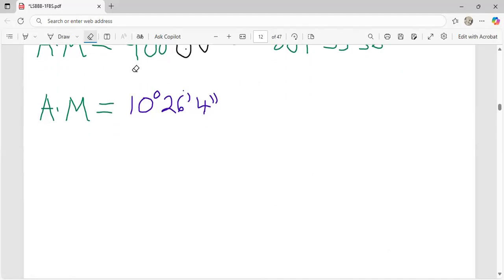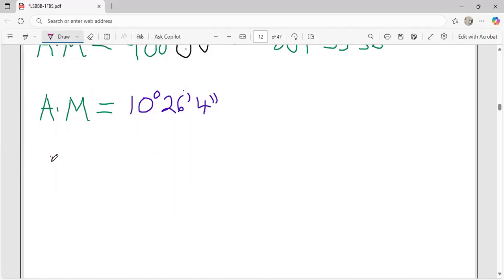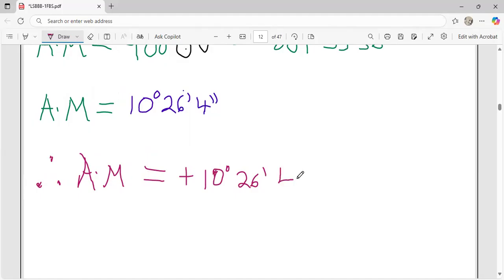So finally, we can say that our angular misclosure is positive 10 degrees, 26 minutes, 4 seconds.